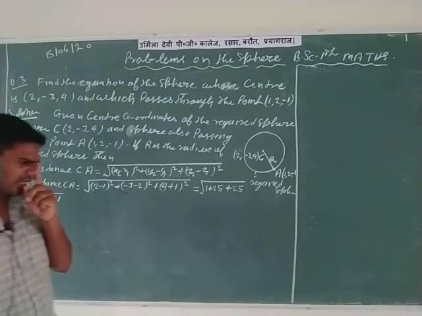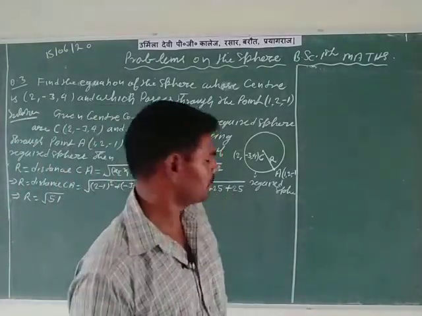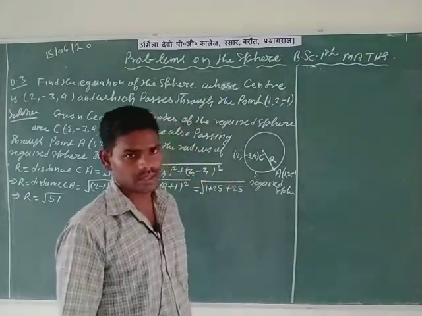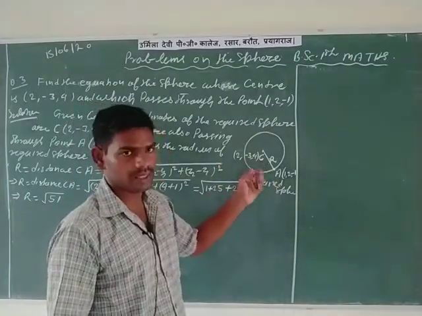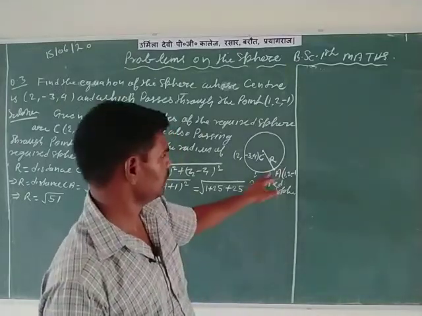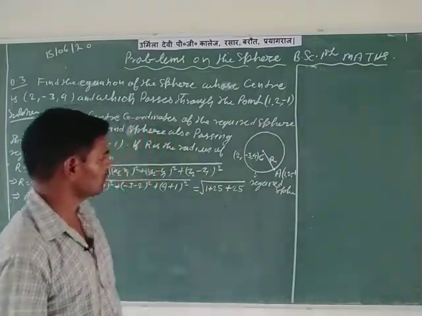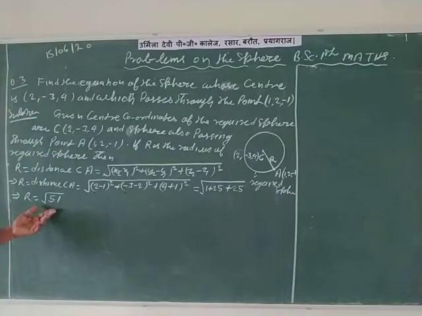So it is clear that the radius of the required sphere is equal to the square root of 51, which is the distance between the 2 points C and A, where C is the center of the required sphere and A is the given second point, and the sphere must be passing through the point A. So CA is equal to the radius R, that is, CA is equal to the square root of 51, and this is represented by the first equation.